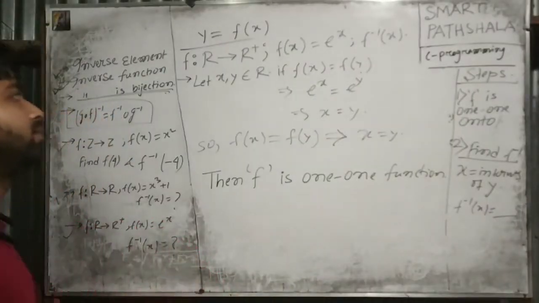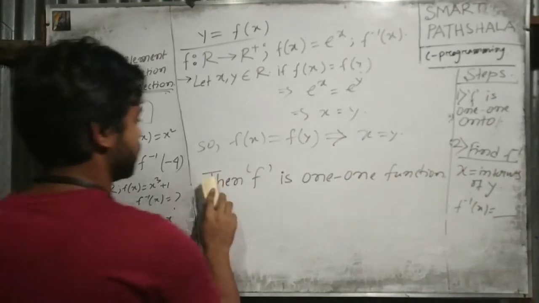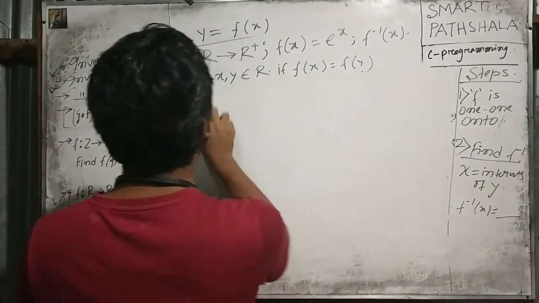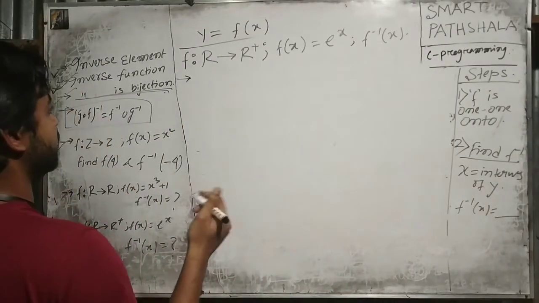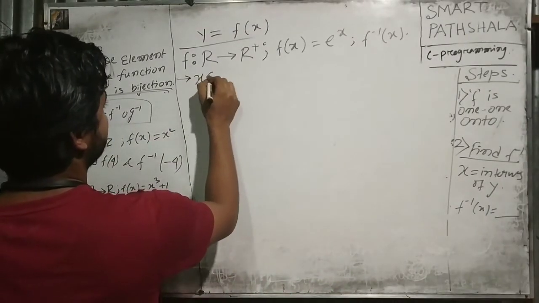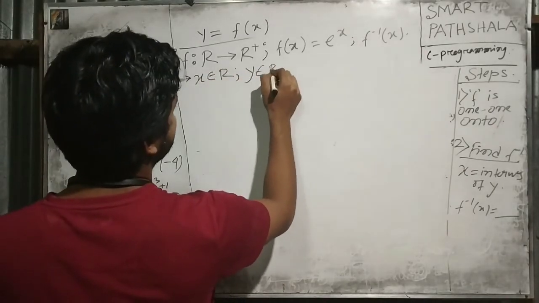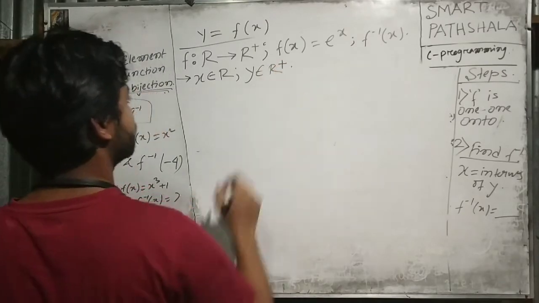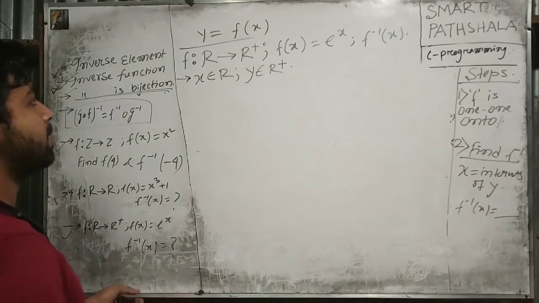Now we have to prove whether this function is onto or not. Onto function. For an onto function, let's say y is an element that belongs to the set R plus, and x belongs to the set R, right?